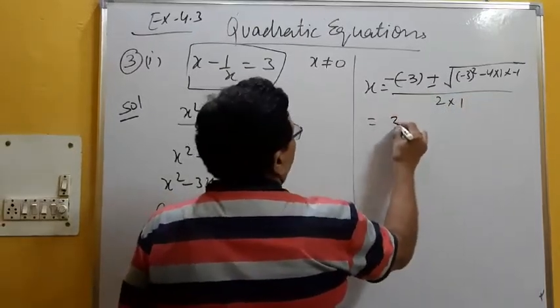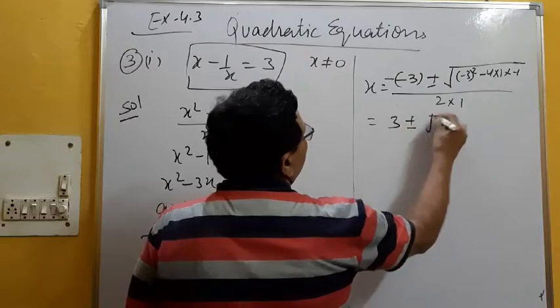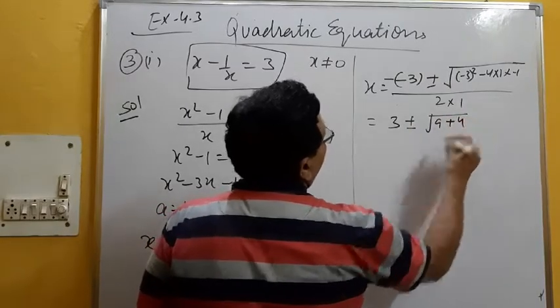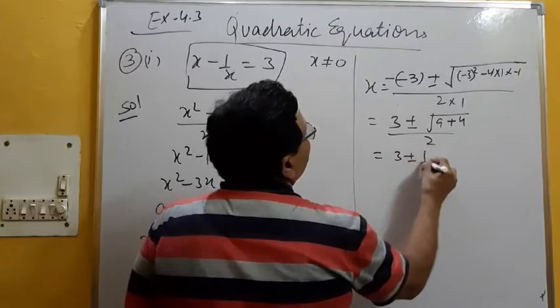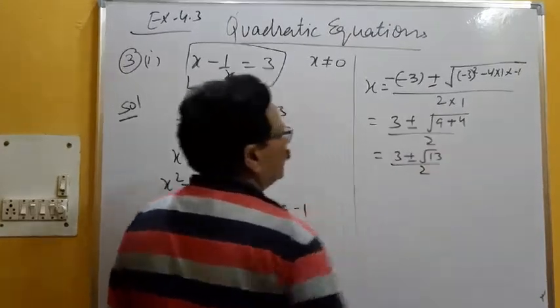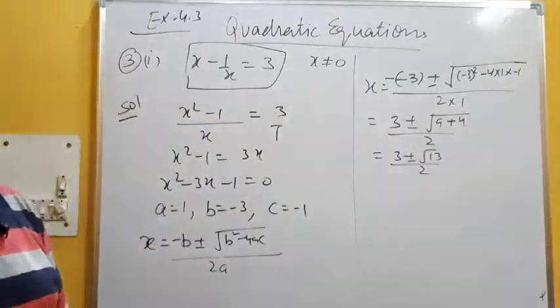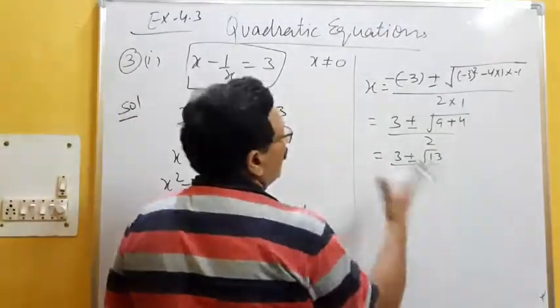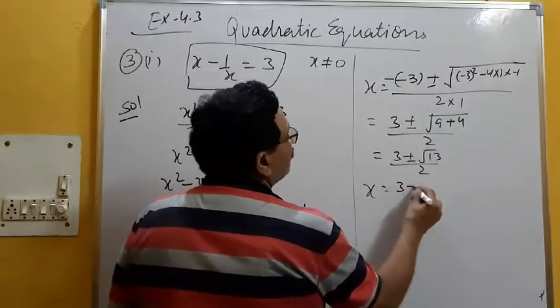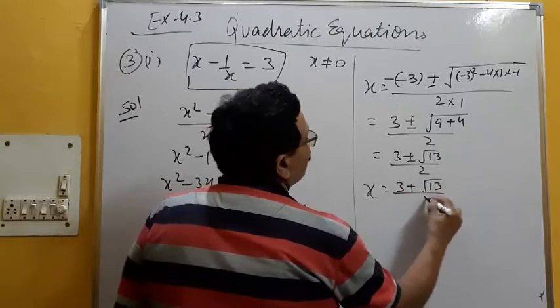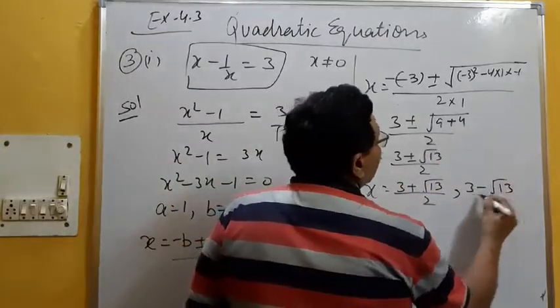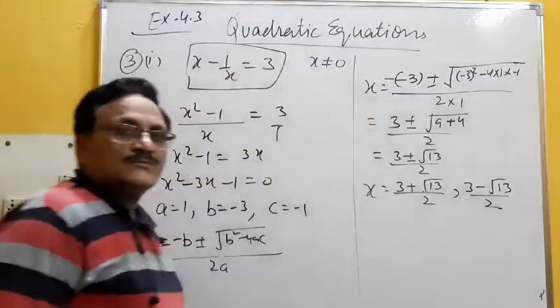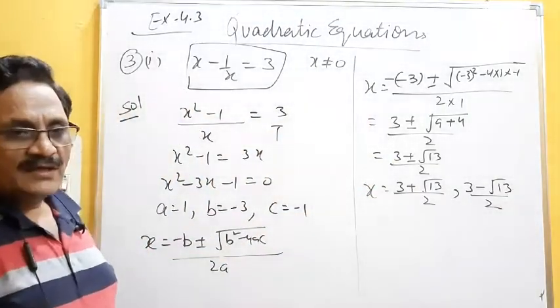So you get 3 plus minus root of 9 plus 4, upon 2. 3 plus minus root 13 upon 2. Okay. So now the solution of this equation will be x is equal to 3 plus root 13 upon 2, and the next will be with minus sign, 3 minus root 13 upon 2. These are two answers.